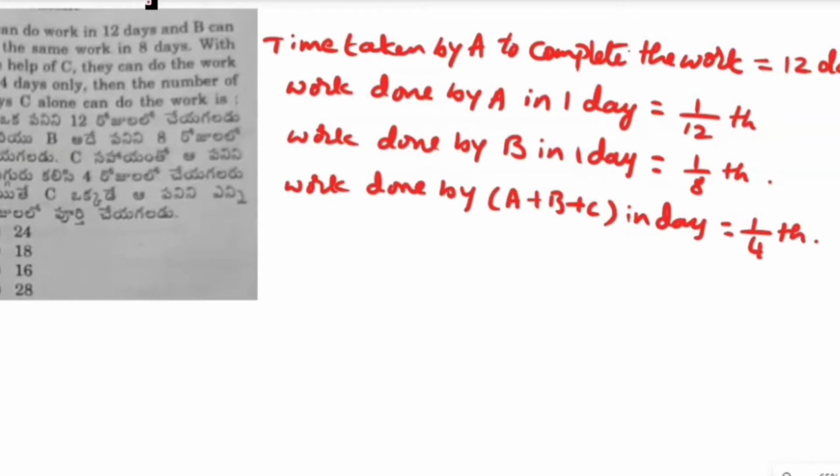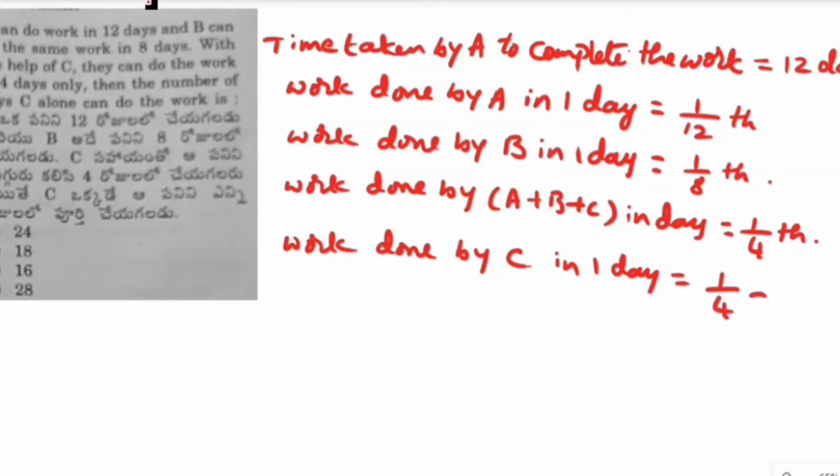Now he is asking to find the number of days C alone can do the work. So first let us find the work done by C in one day. That is nothing but the work done by 3 members in one day minus the work done by 2 members in one day: 1/4 minus 1/12 plus 1/8. This gives you the work done by C in one day.